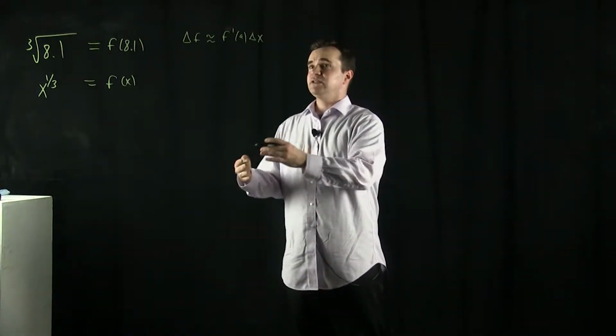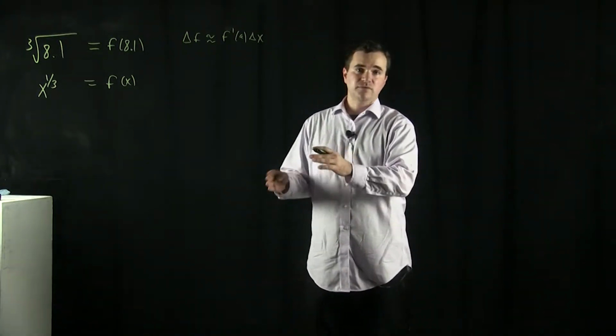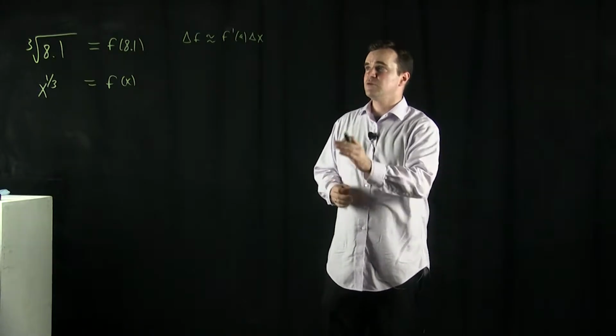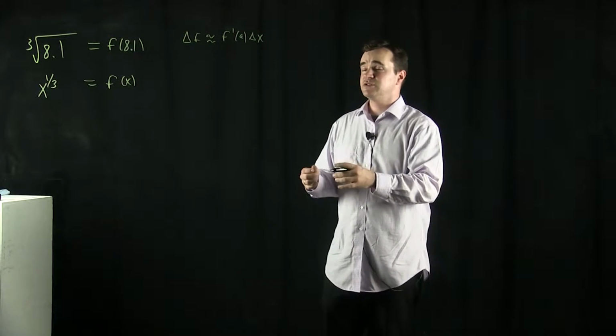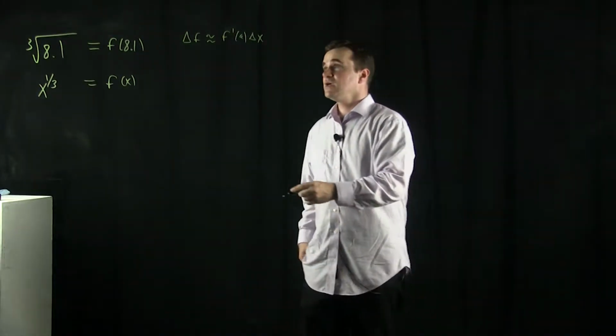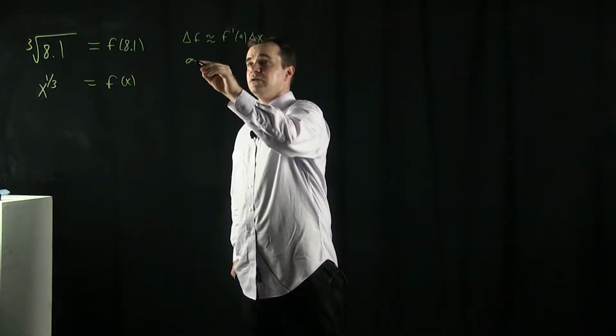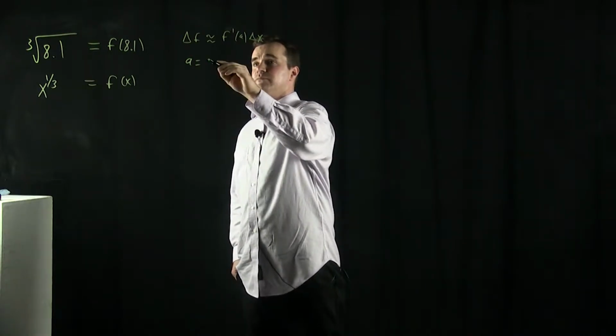You have to select an x value, you have to select a value for a. So your value for a, you want to choose that to be the simplest thing that you can, because that's the thing you're going to have to actually compute. So in this case, I want to take a equals 8.